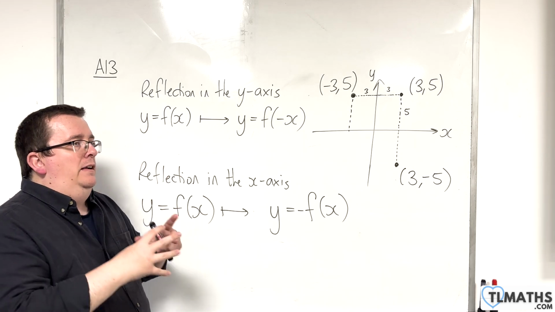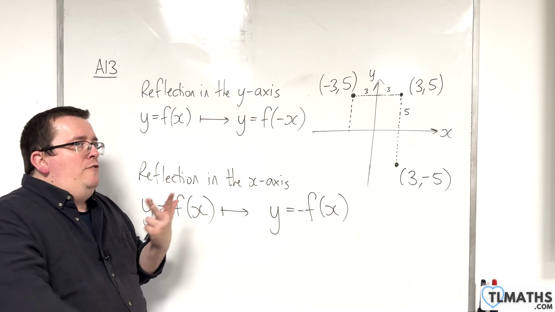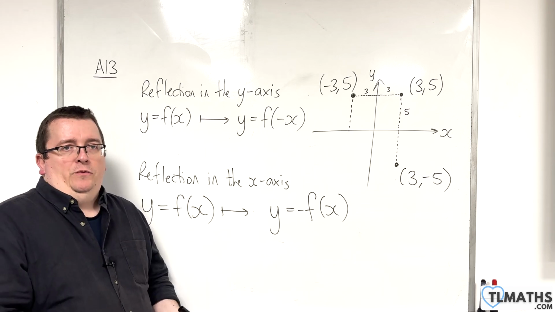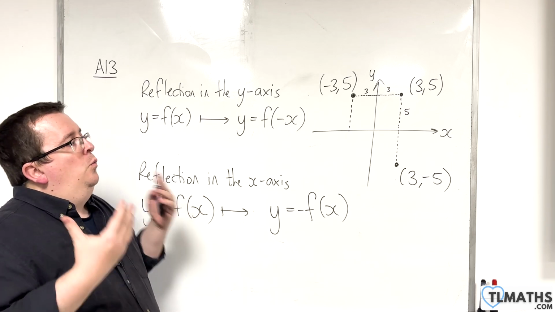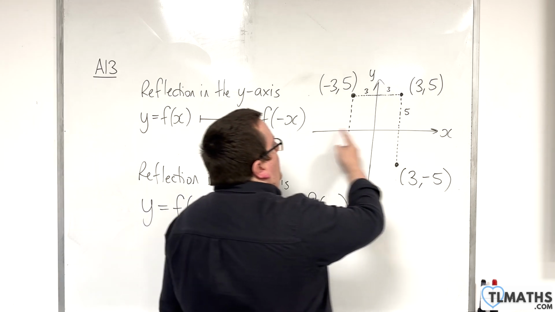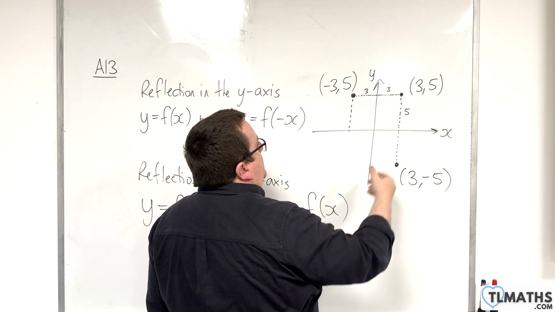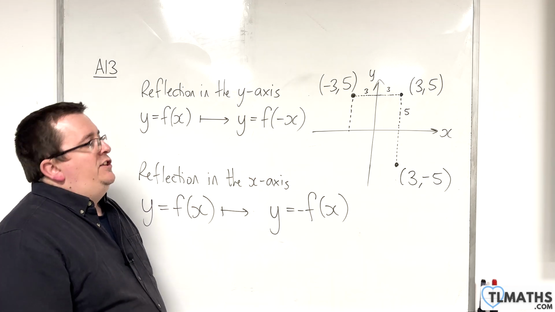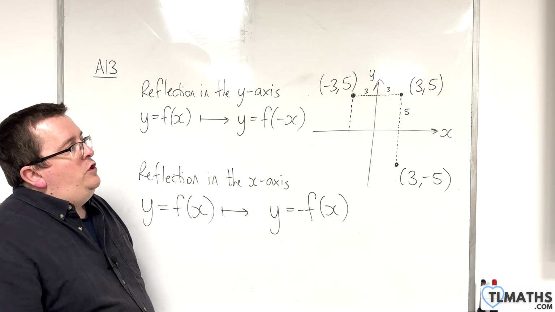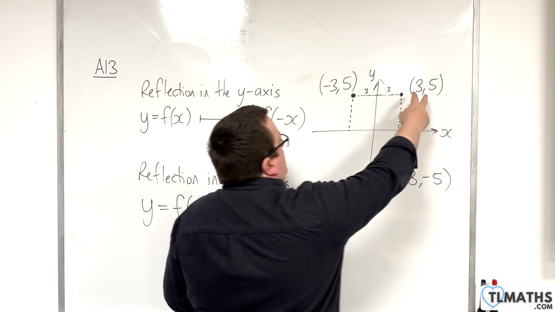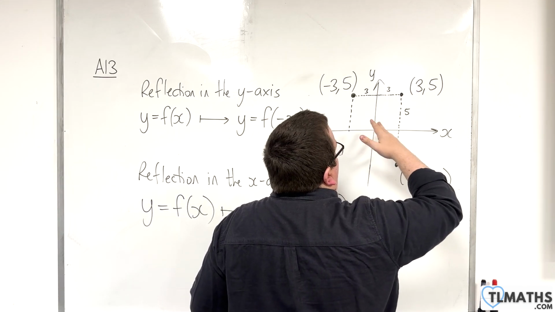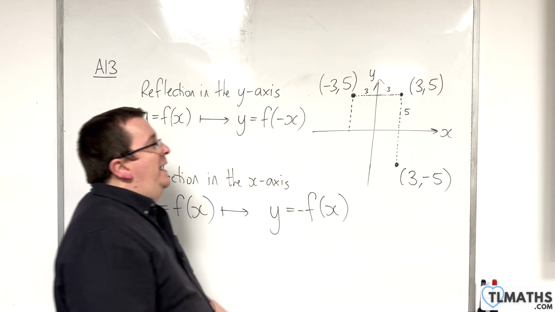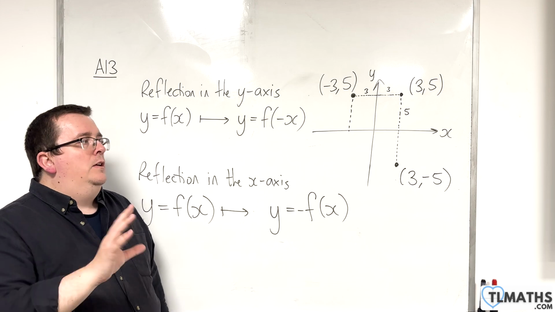So it does feel the wrong way round because of the way that we have decided to label the x and y-axis. We know from the previous videos that the x-axis is y equals 0 and the y-axis is x is 0. Okay, so that can lead to a little bit of confusion. But if you just consider some coordinates that aren't on the x or y-axis and think about where they would move to if you reflected in the y-axis or the x-axis, we shouldn't go wrong.